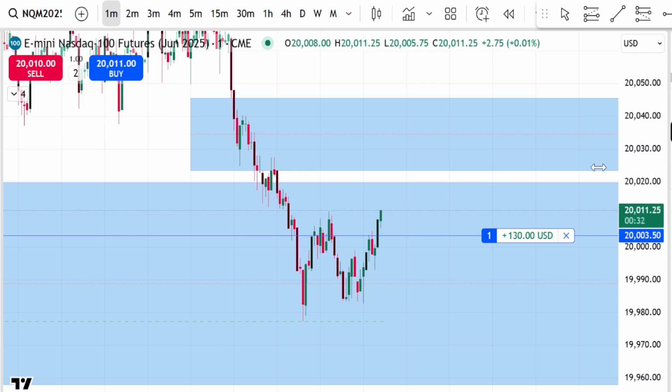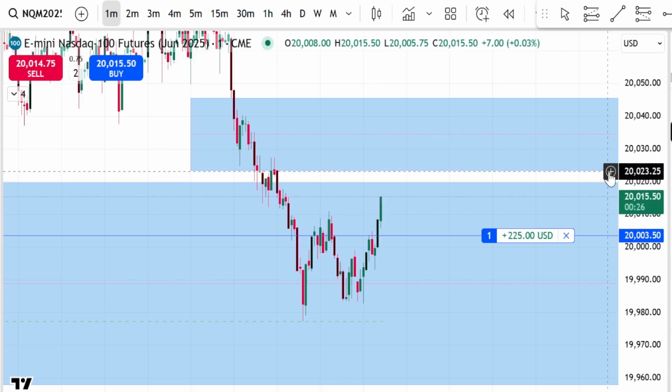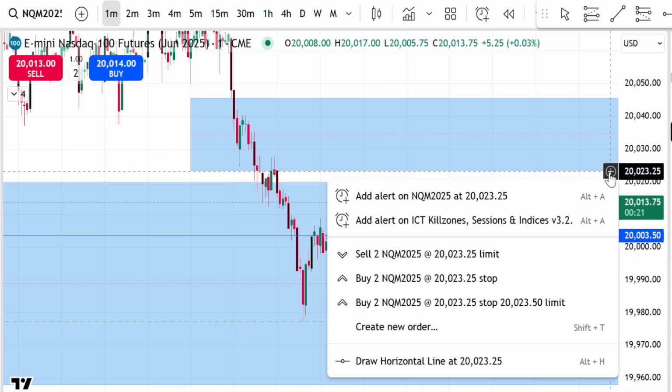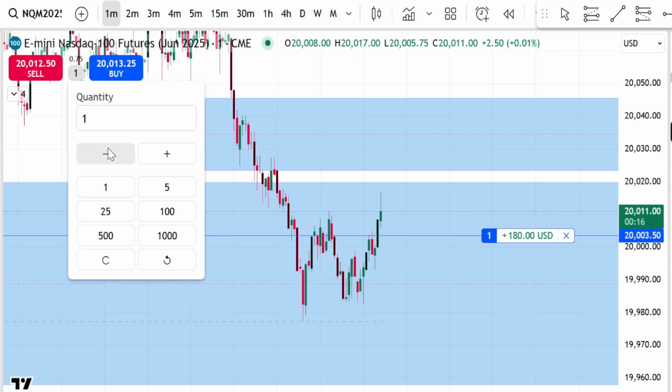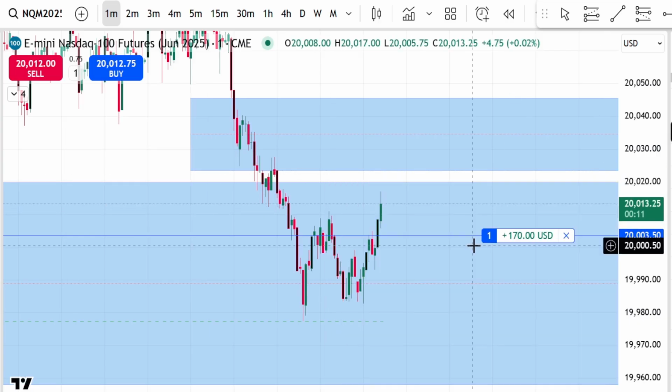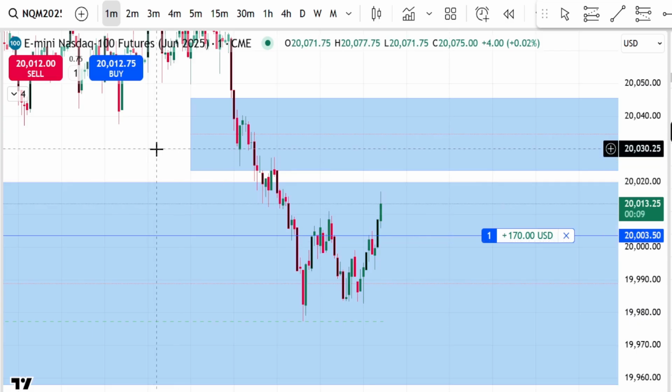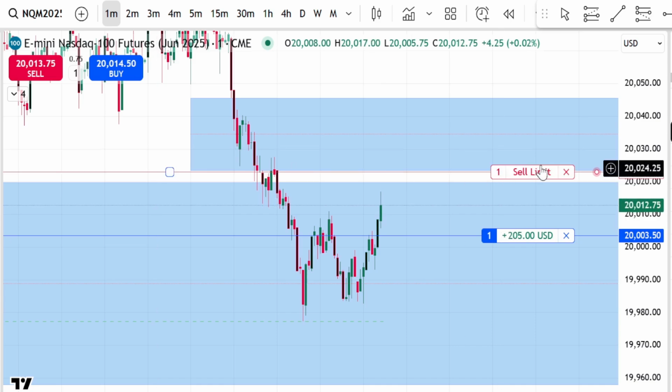Okay, so this is where I put my TP, basically the lowest part of the FVG 15 minutes. Okay, and this is for me an account on a prop firm, and it's just a simple scalp, nothing that big.